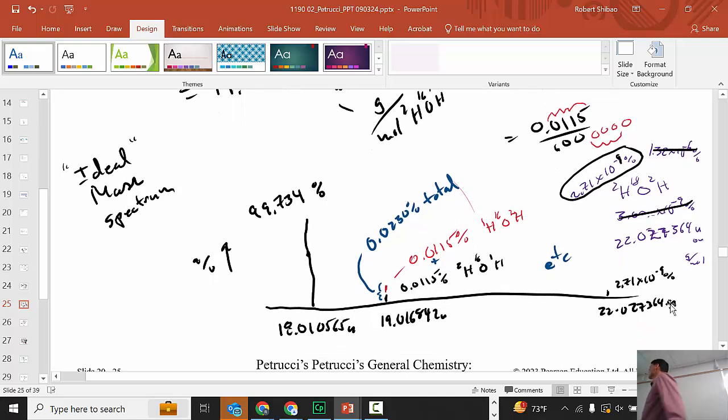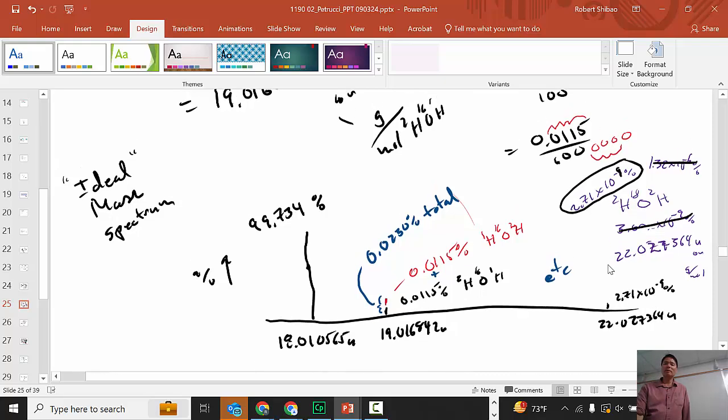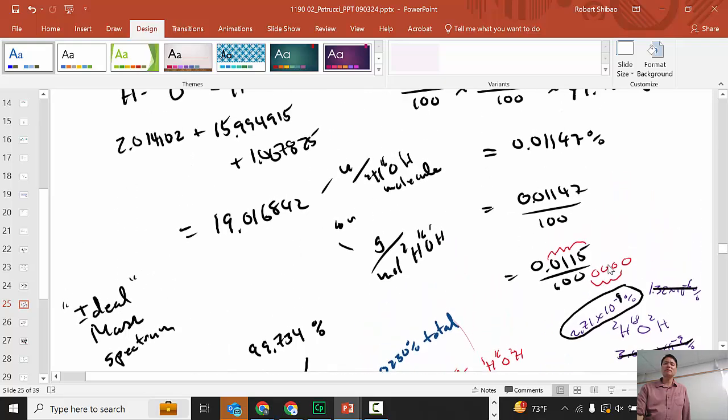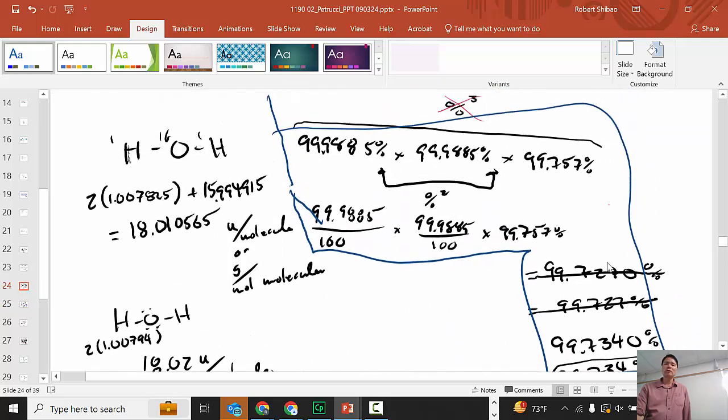Okay. These are some numbers that came up earlier. Some people got 1.32 times 10 to the minus 6, 3.60 times 10 to the minus 9, but 2.71 times 10 to the minus 9% should be correct. And we can't be as precise on this one because of how many sig figs are in the abundance of H2.